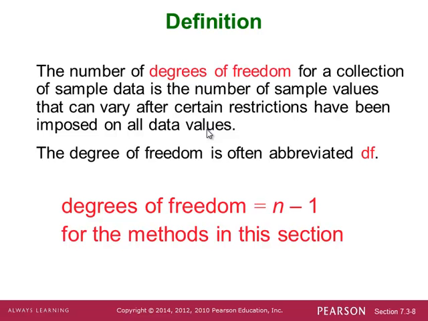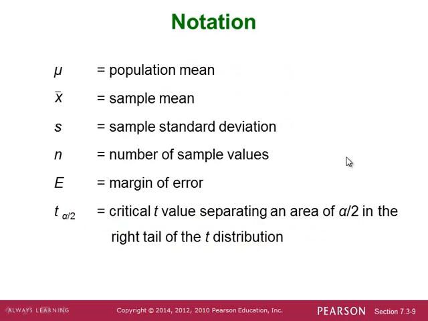If you know the mean, all you would need to do is come up with all but one of the data values in order to calculate s, or vice versa. All right, the number of degrees of freedom typically is n minus 1 when we're referring to the t-distribution. When you see the letters DF, that means degrees of freedom.